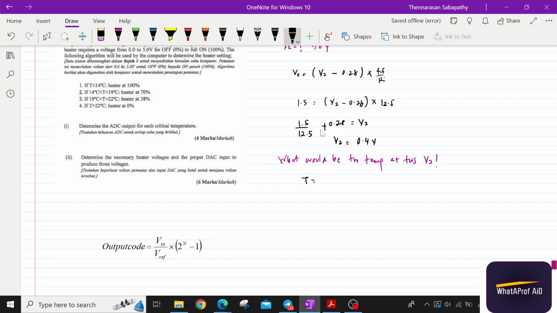So here, what is the T? We don't know the T, we know the V. So T would be 0.4 divided by 20 milli.